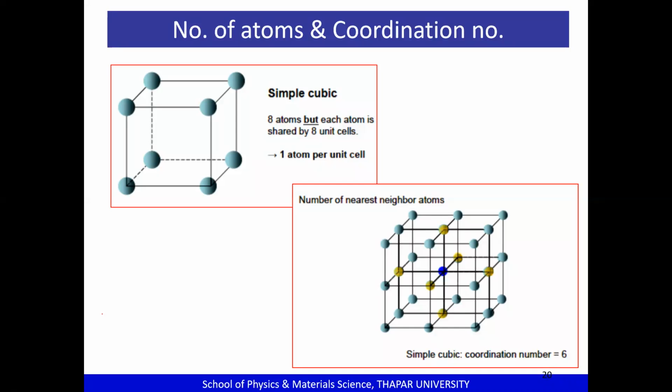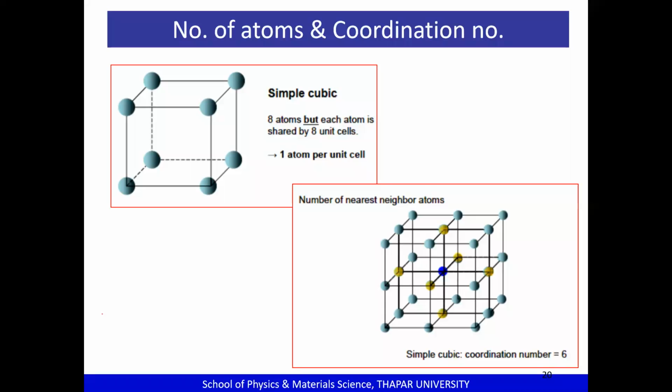So your total effective contribution is 8 into 1 by 8, which makes 1 lattice point per unit cell. And if each of these lattice points is occupied by a real atom, then the effective number of atoms becomes 1 atom per unit cell. So if it is geometry, we will call it a lattice point. If it is a real crystal, then instead of a lattice point, it will be an atom.